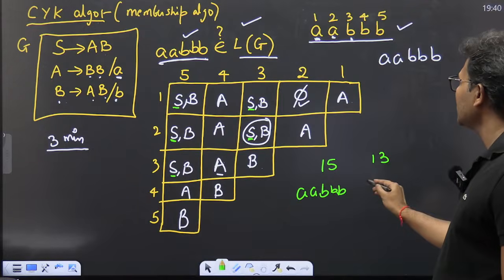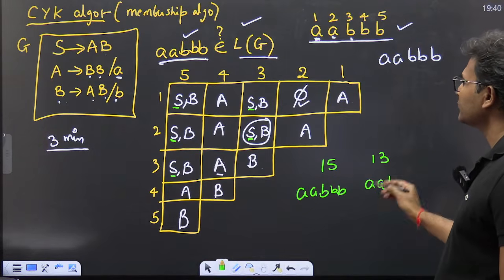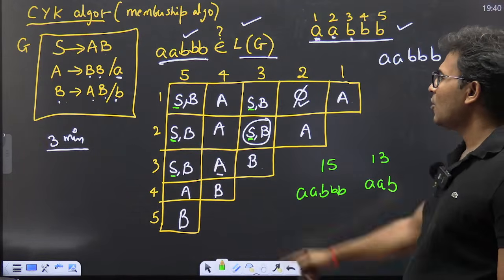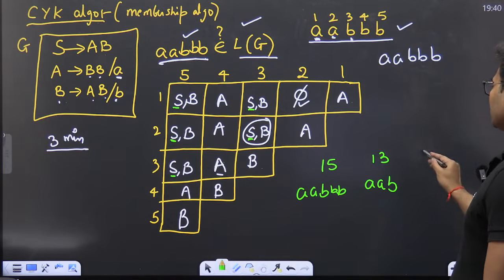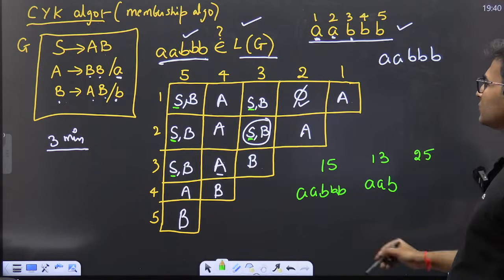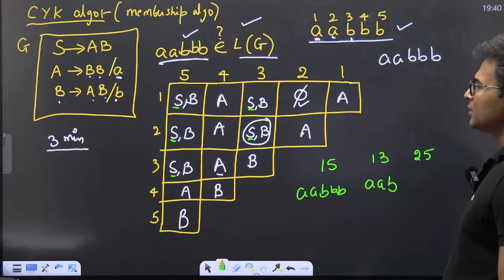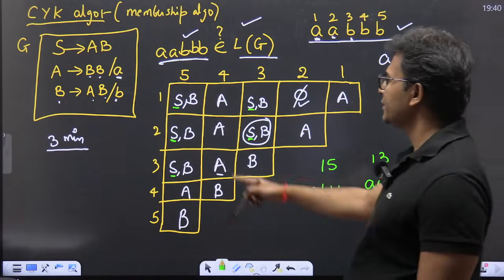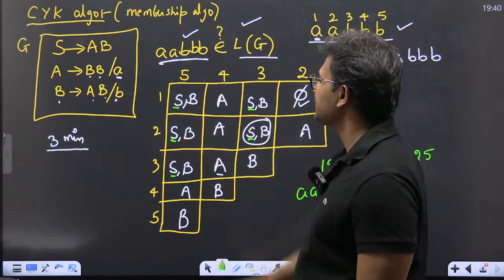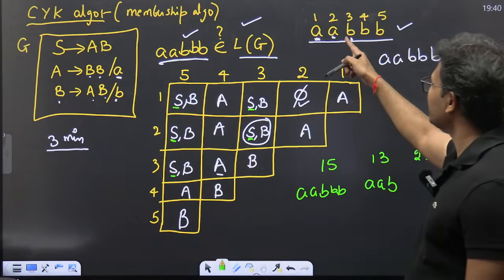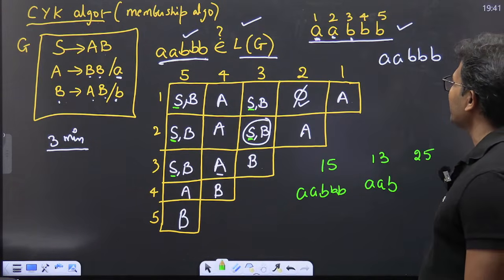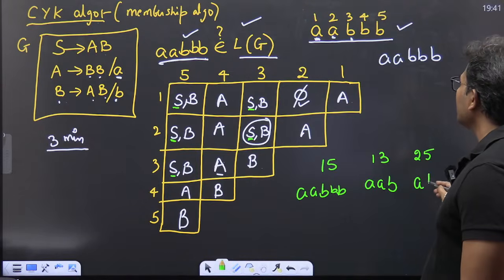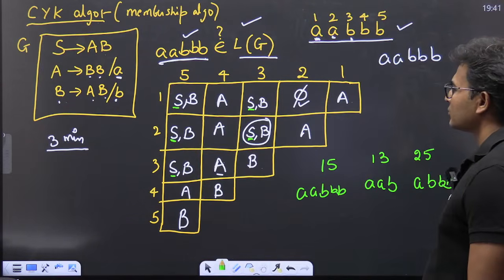So it is A, B. Now here S is there and the number is 2, 5. S is there, which means 2 to 5: A, B, B, B.